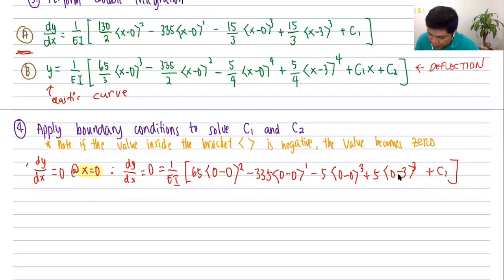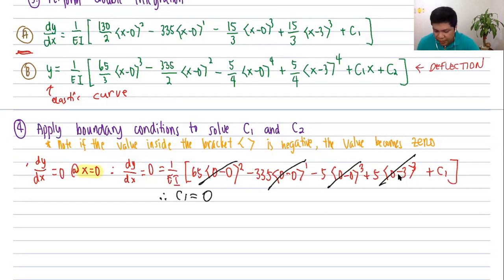Then look at this, 0 minus 0 cancel, 0 minus 0 cancel, 0 minus 0 cancel. 0 minus 3, that's negative, so that's canceled also, which tells us that C1 is equal to 0.